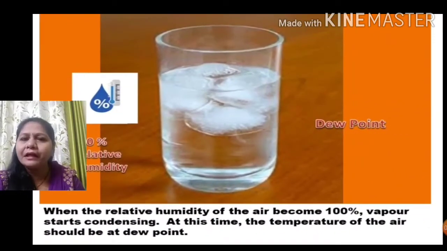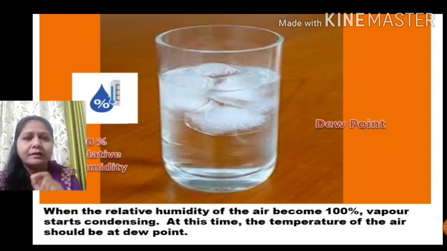Now, when the relative humidity of the air becomes 100%, vapor starts condensing. If relative humidity is 100%, it means condensation has started. At this time, the temperature of the air is at dew point.